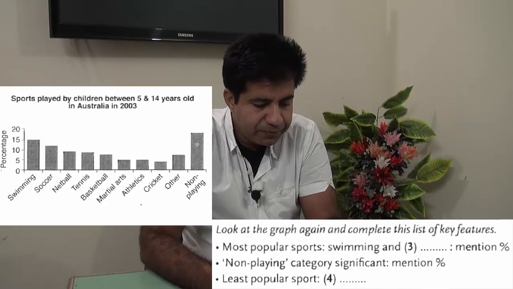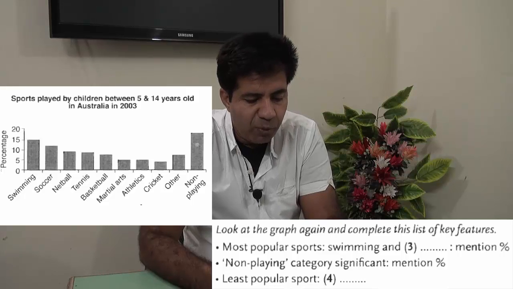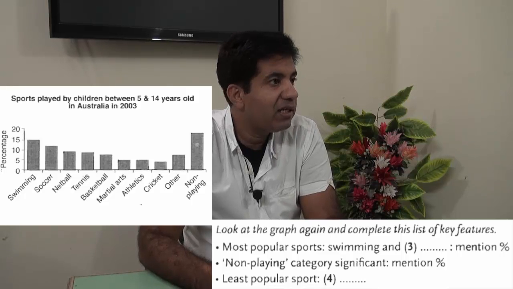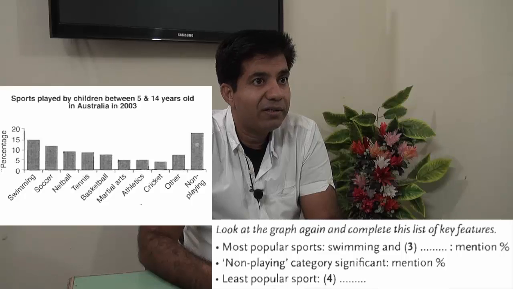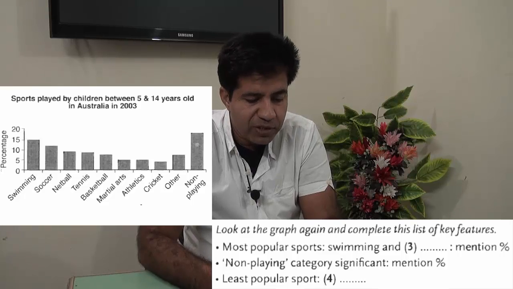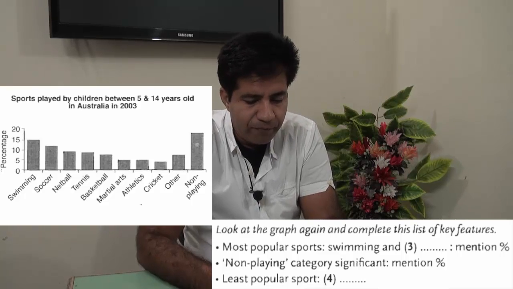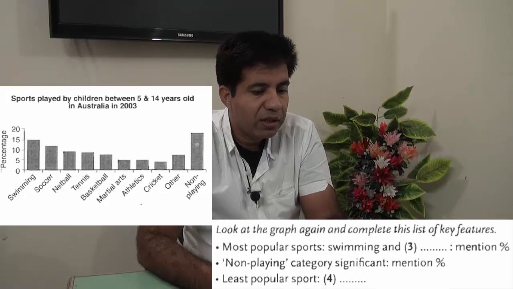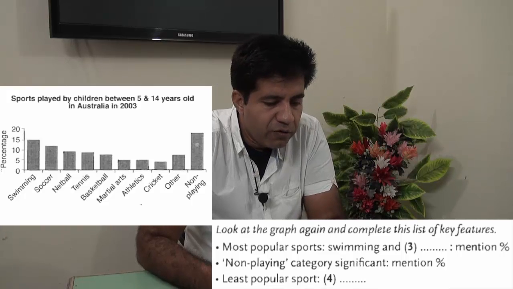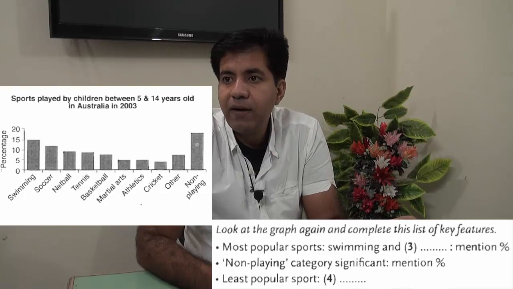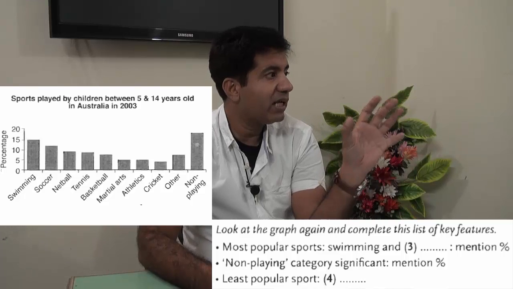Let's do it together. Most popular sports, swimming and soccer. Very good. Mention the percentage. Swimming can be a little less than 15% and soccer can be above 10%. Clear? So these are the key features.